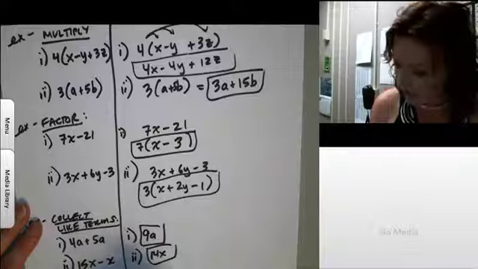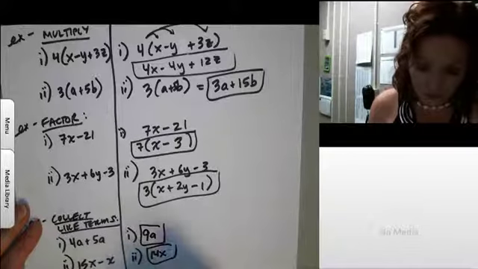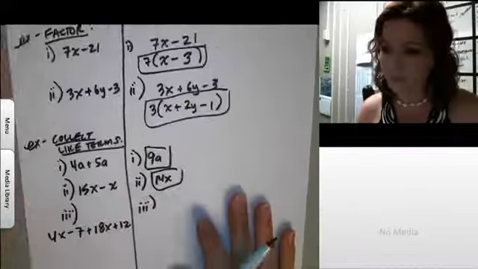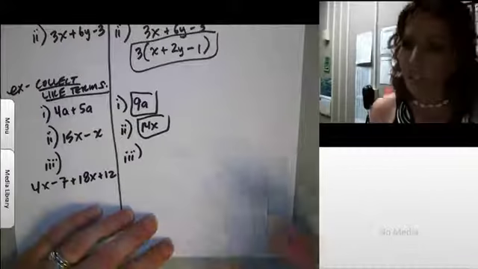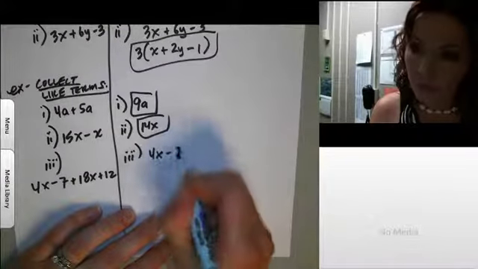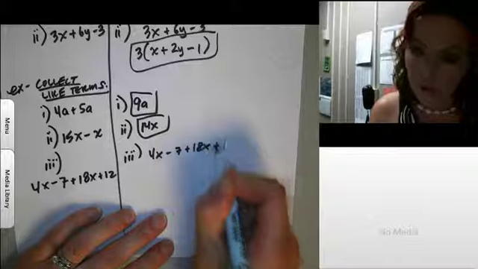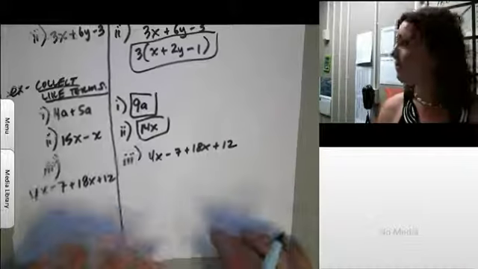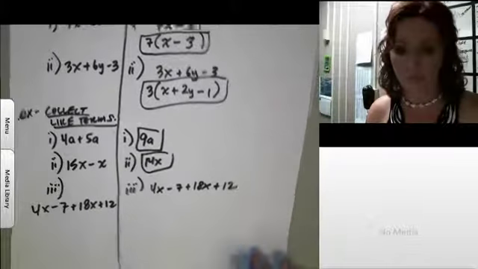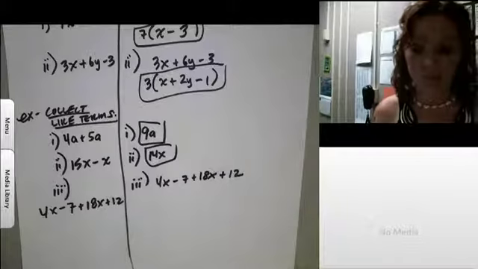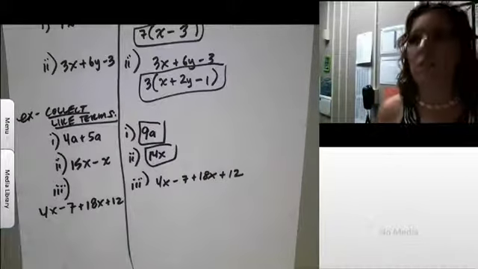4x minus 7 plus 18x plus 12. Sorry about that. 4x minus 7 plus 18x plus 12. All right, so we are combining like terms here.